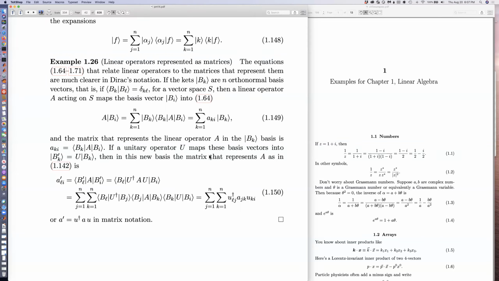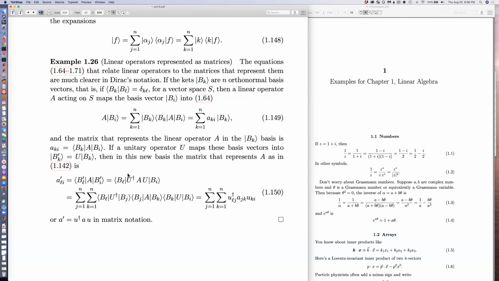And if a unitary operator maps these basis vectors into another basis, then in this new basis, the matrix elements of A are found just by taking the inner product, and we can write the new basis vectors as U times the old ones.